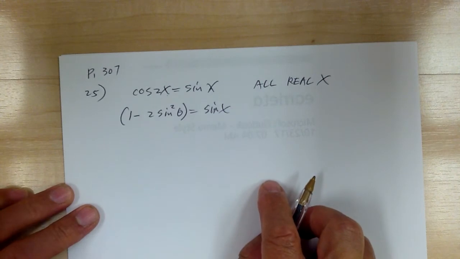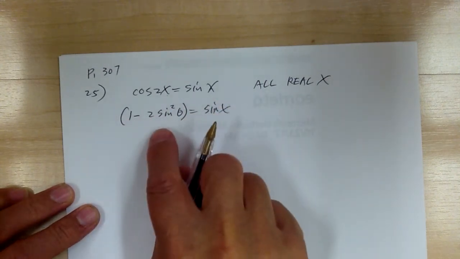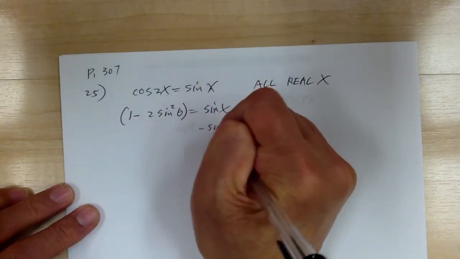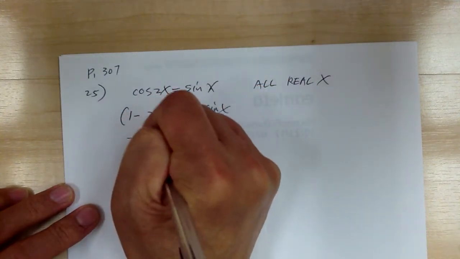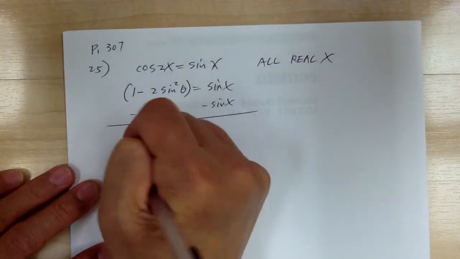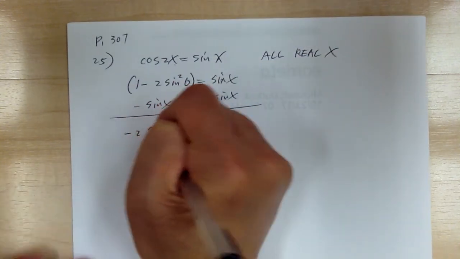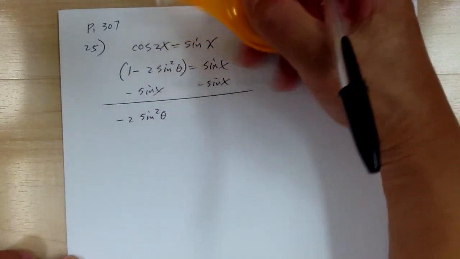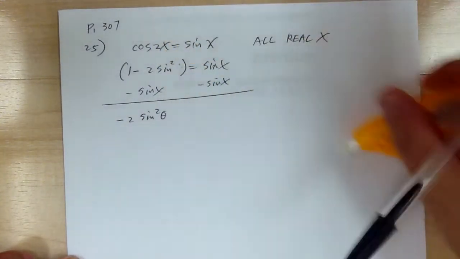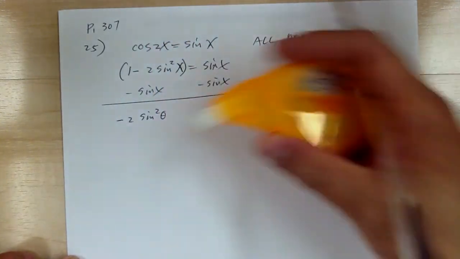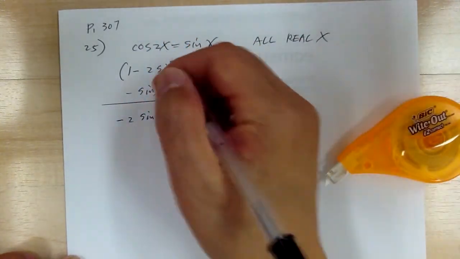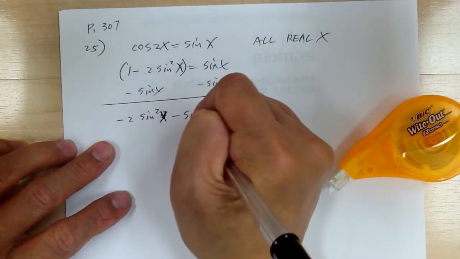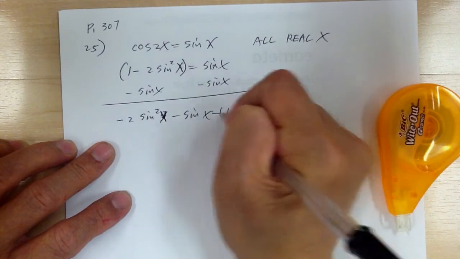Okay, and I'm going to move everything to one side to make it equal to 0, so I can do the factoring. So minus sine x, and I put in the correct order, so negative 2 sine square x, minus sine x plus 1 equal to 0.